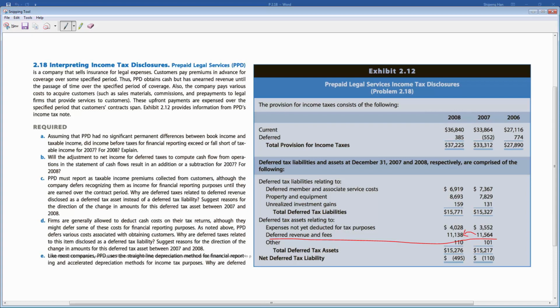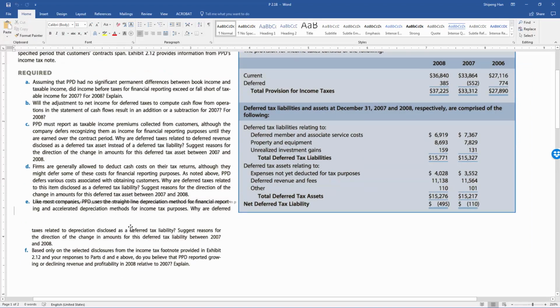Question E. Let me use the original file. And we know for the depreciation, there's a difference between tax law and the financial reporting. Tax law allows companies to use different depreciation methods from the financial reporting.